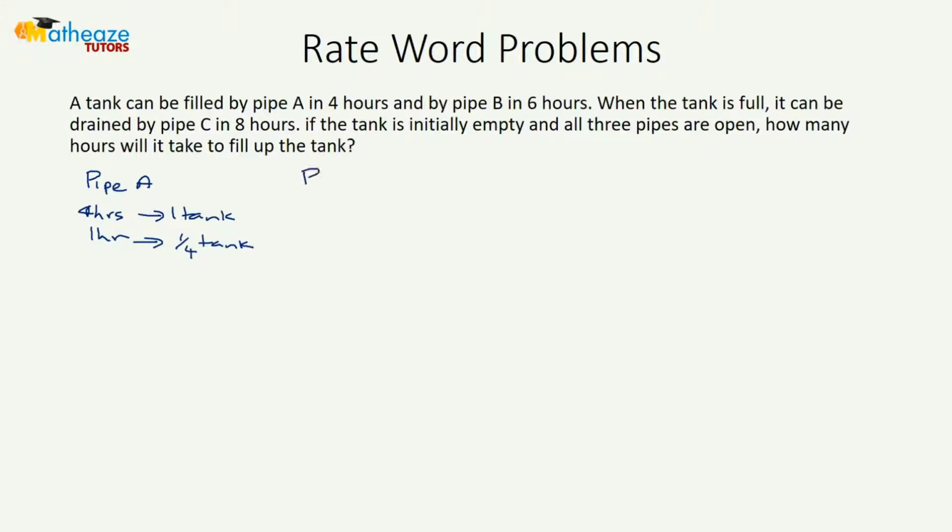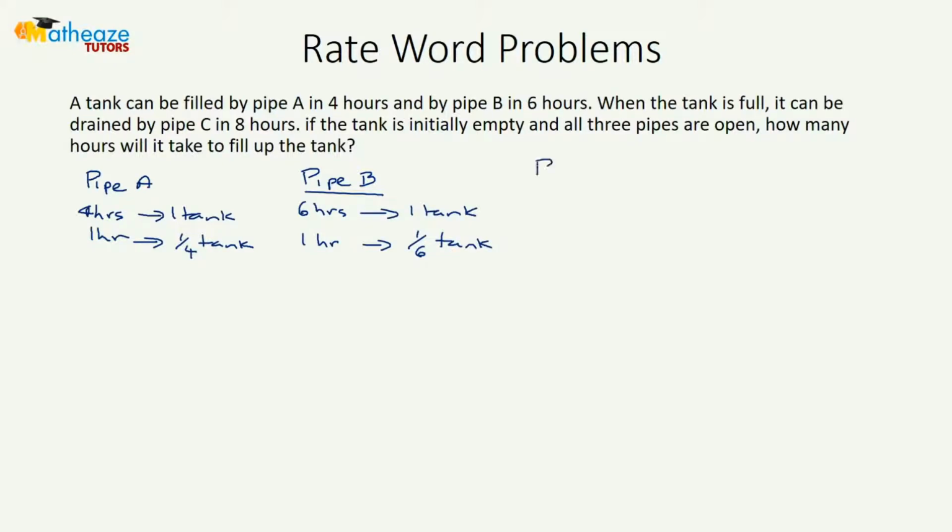Let's look at pipe B. Pipe B requires 6 hours to fill one tank. And so in 1 hour, pipe B is going to be able to fill up 1/6 of the tank.